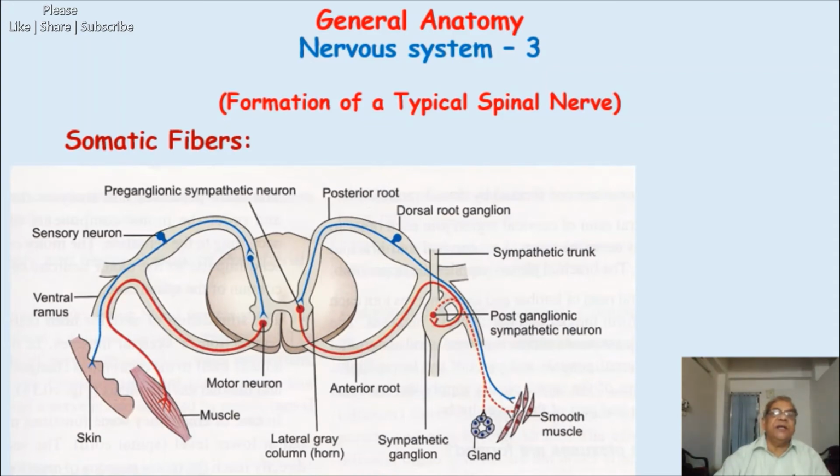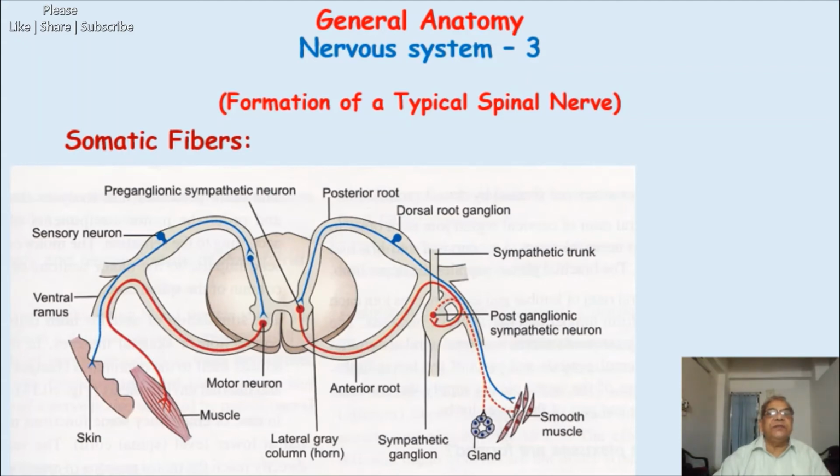Now see that in the root, the ventral root will contain only the motor fibers, and the dorsal root will contain only the sensory fibers. But in the trunk, where these two roots meet each other, both types of fibers come close to each other.